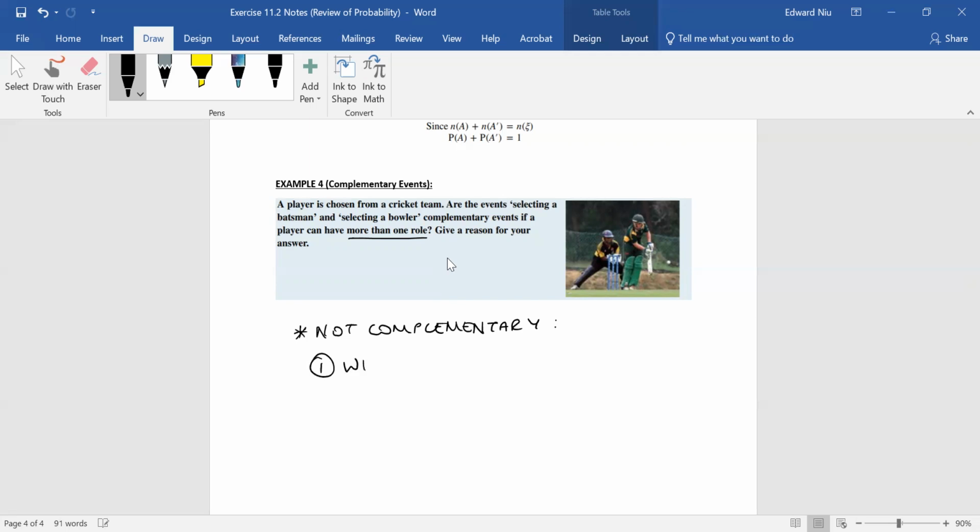You could be the wicket keeper. So the wicket keeper can be chosen.